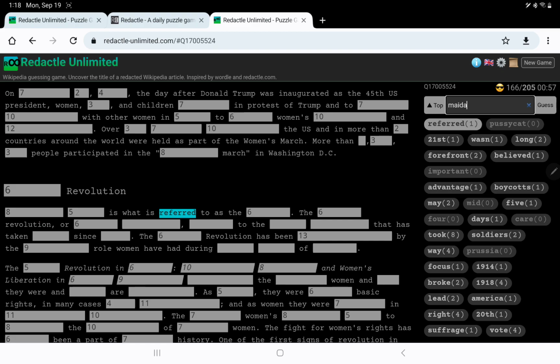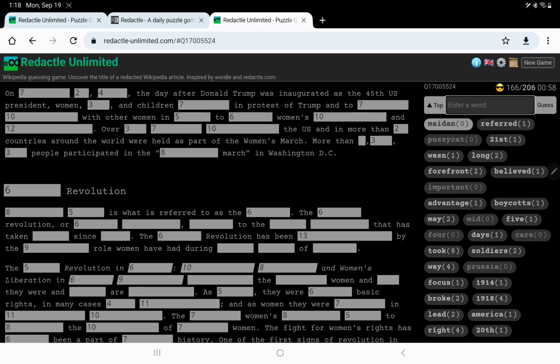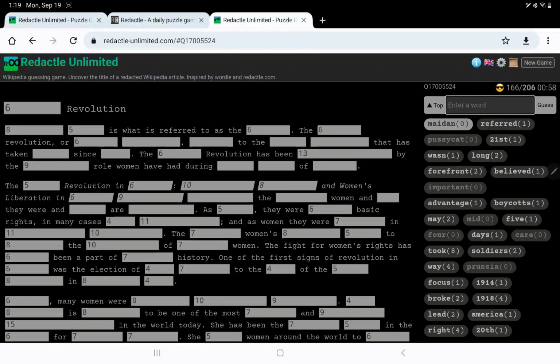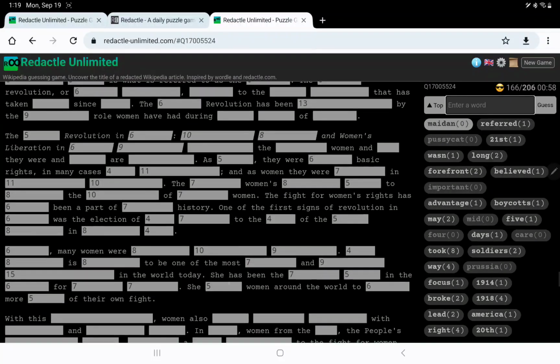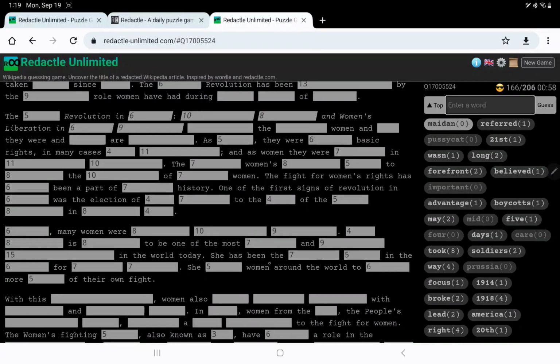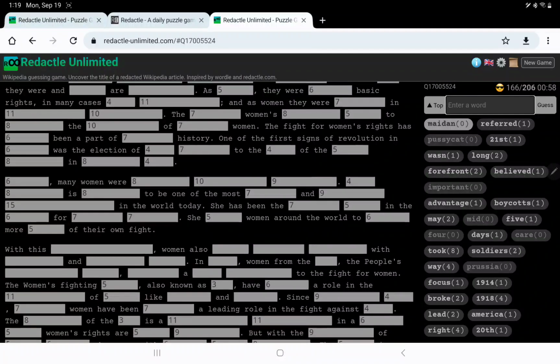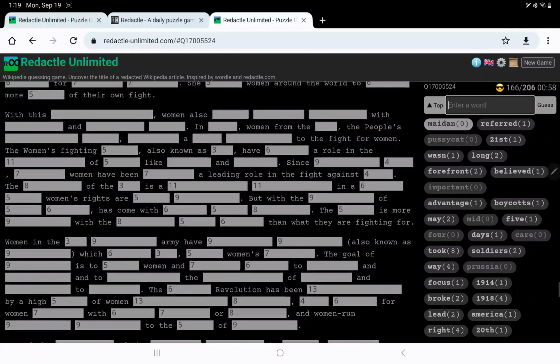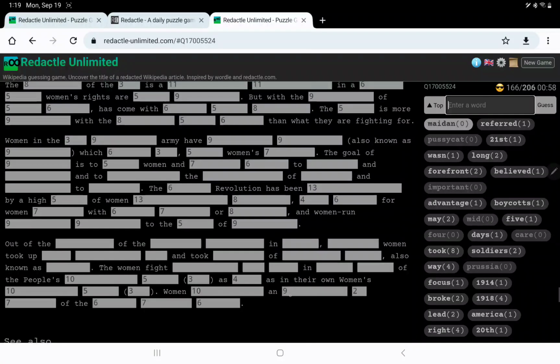That's not Maidan, is it? No. The 5 revolution in 6. No.